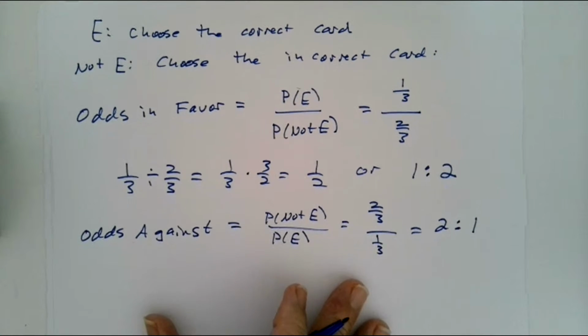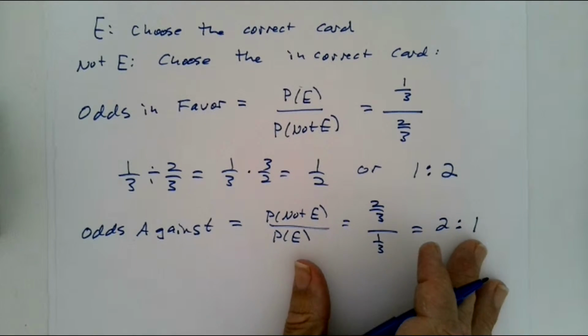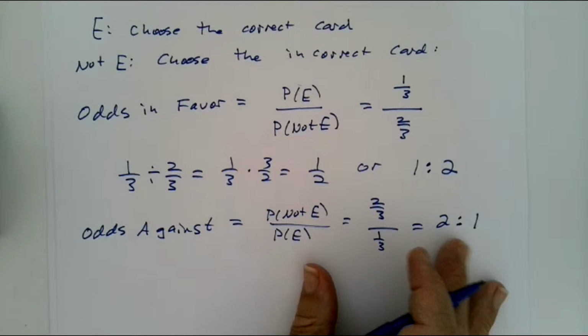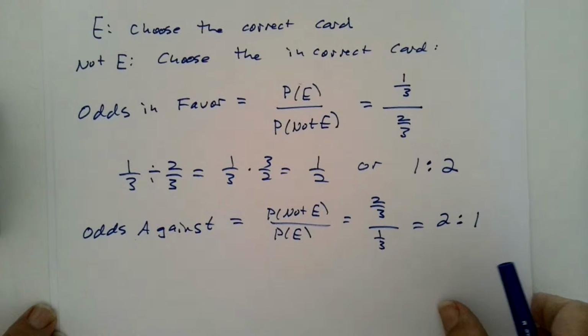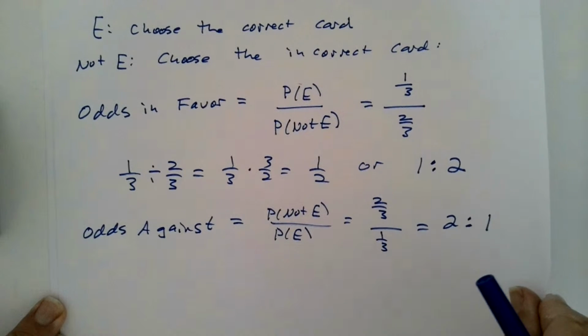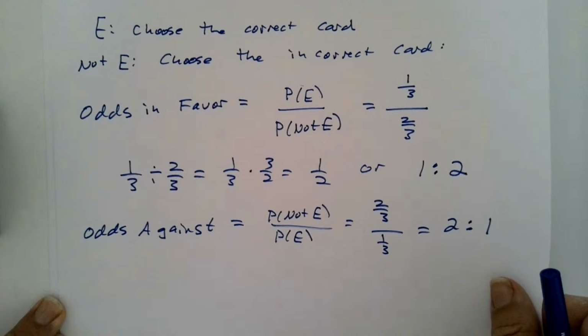However, if you go to a racetrack, that's the pay table. The pay table may be 2 to 1. That doesn't really mean your horse has a 1 in 3 chance of winning. That's how they're choosing to pay you. And of course, a racetrack has to make money, so they're going to keep a good portion of that.